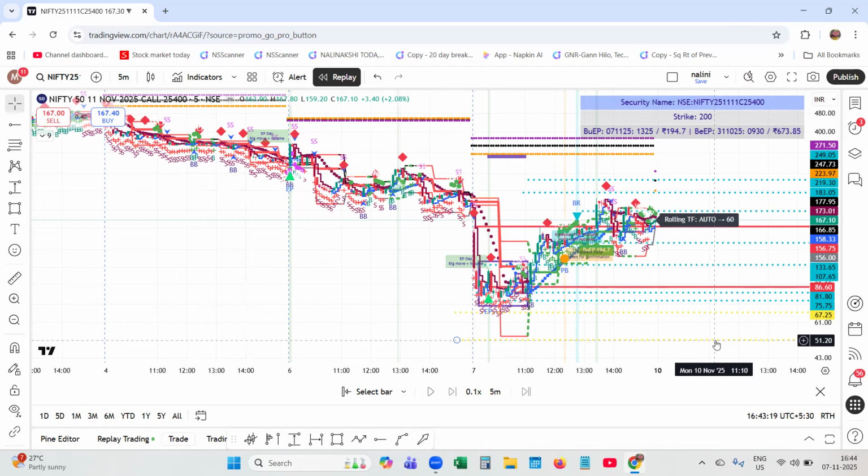Then you can keep them in your watch list and trade them. They will show reversal in the market, and you will get a swing trade or positional trade for 3 to 4, 5 days. The market can rally. It may go sideways and it can rally.